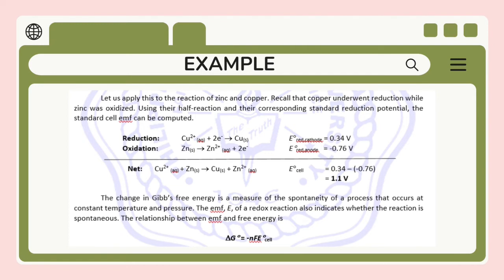So that is the relationship between the Gibbs free energy and the cell EMF. Since we have a positive final answer, positive 1.1 V, we can say that this is a spontaneous reaction.